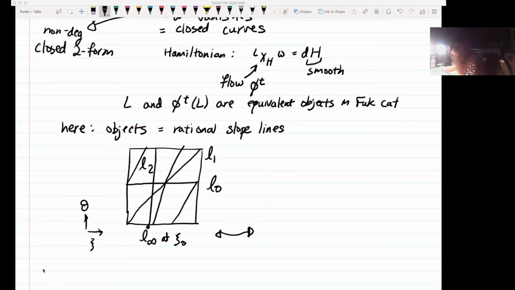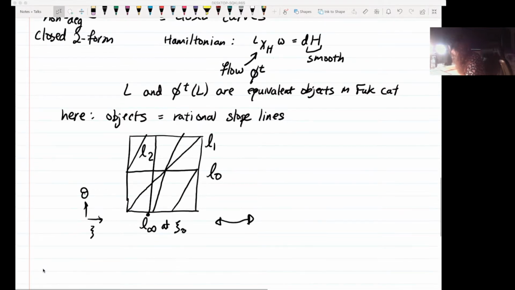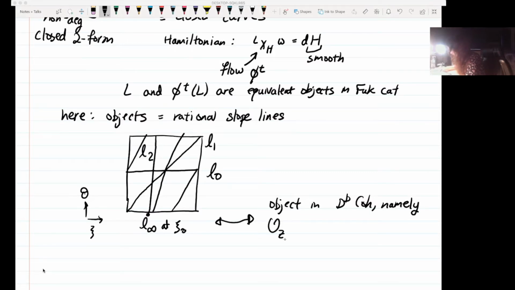This is mirror to an object in D^b Coh, namely the skyscraper sheaf O_{C0}, such that log of C0 is C.